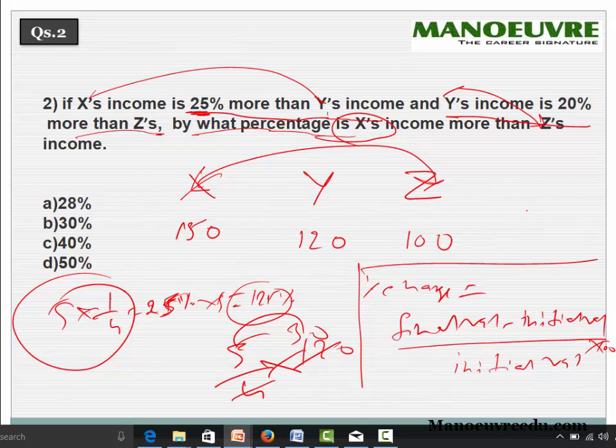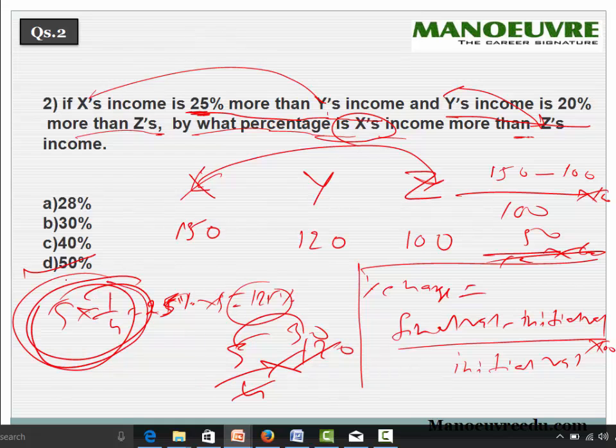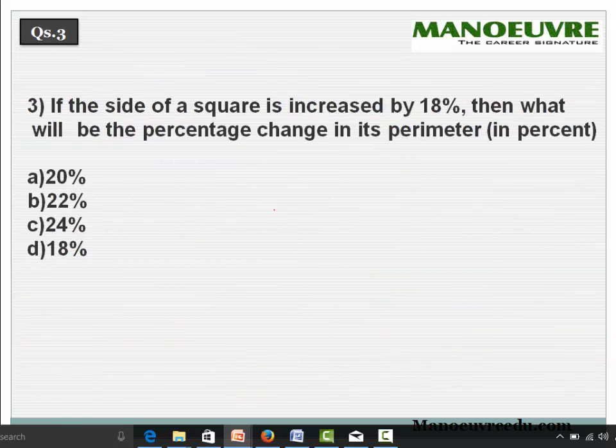So final value here is 150, and the initial value is 100. So 50 upon 100 into 100, nothing but 50. So D is your answer. I hope the idea is clear. So I am using fractions here, which is helpful for me, and this is the percentage change formula.